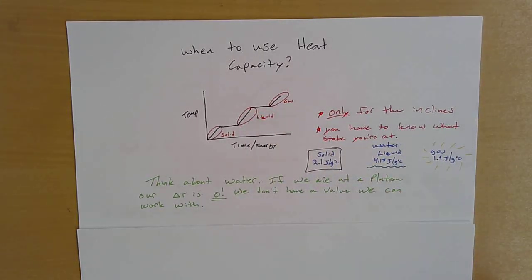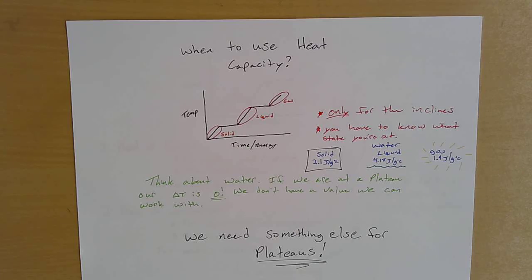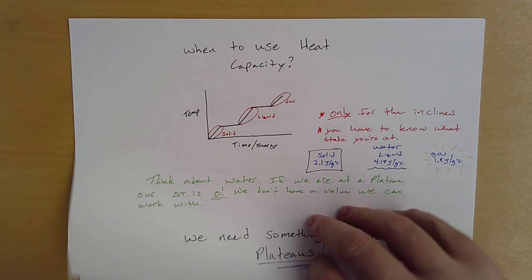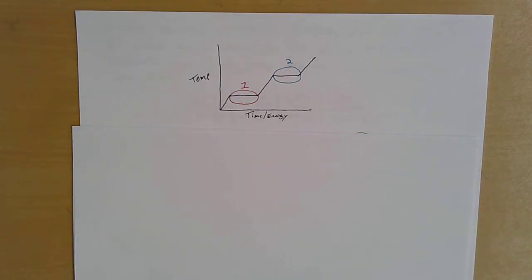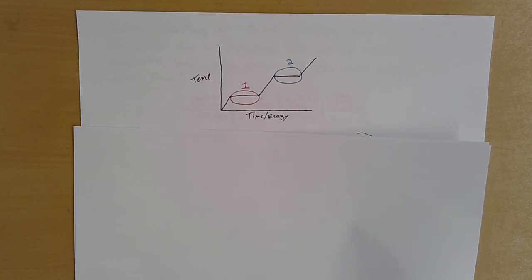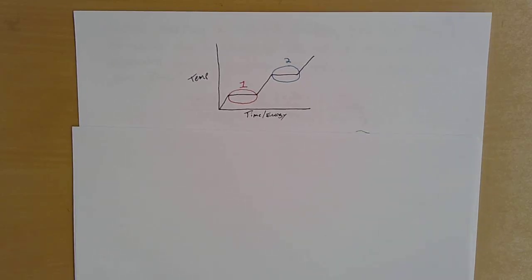Or the opposite way, we need to lose energy for a liquid to become a solid, and so forth. So we need something different when we get to those plateaus. Anytime that you see a plateau, we know that there's either melting or freezing or vaporizing or condensing happening. There's no change in temperature.